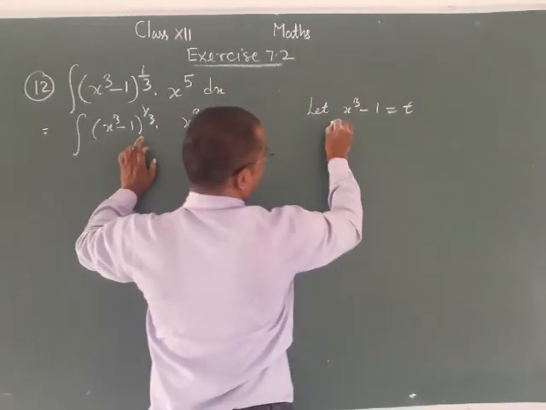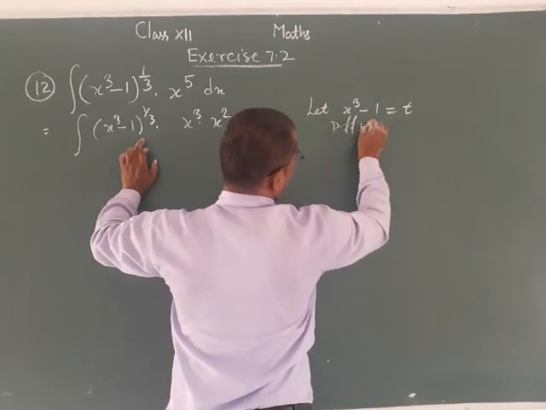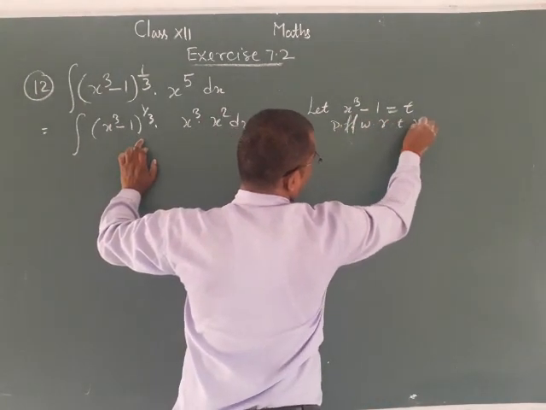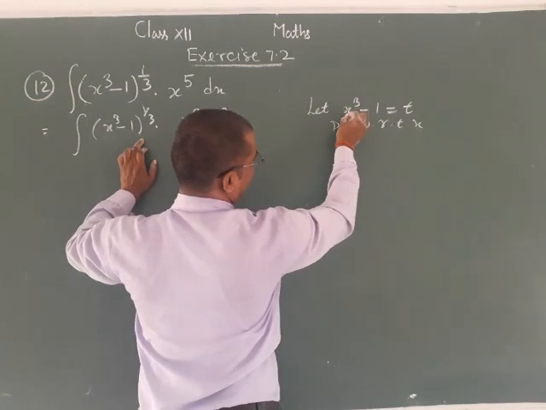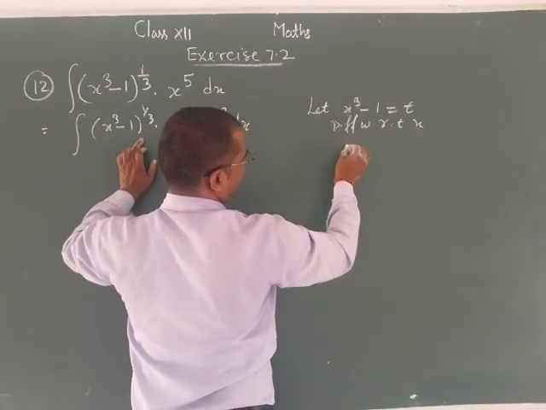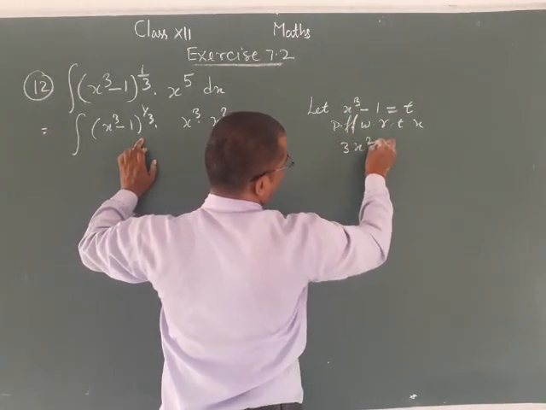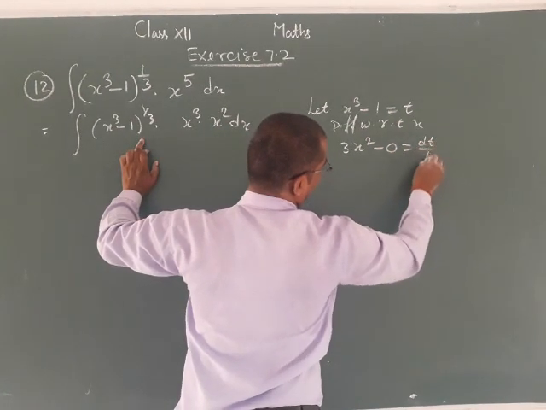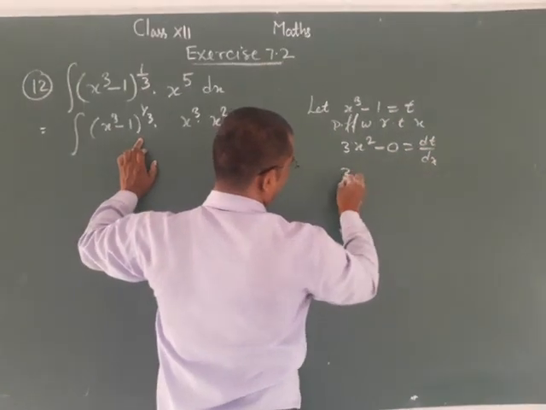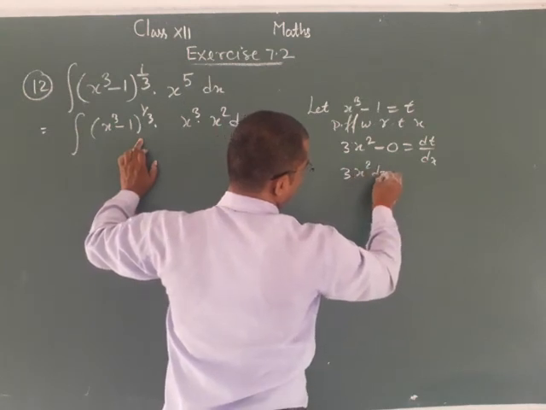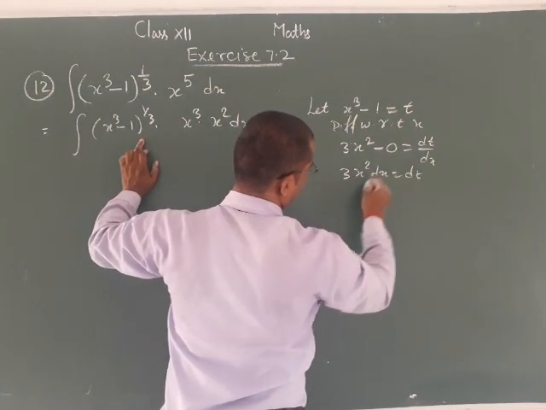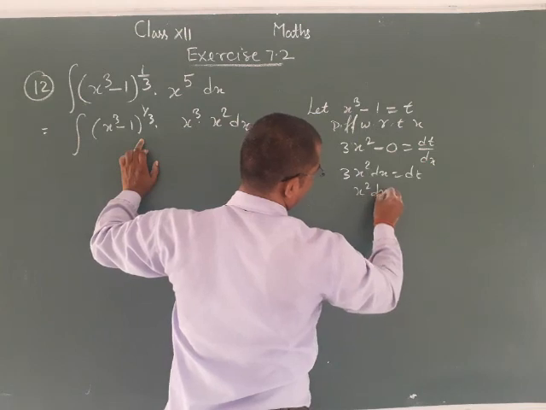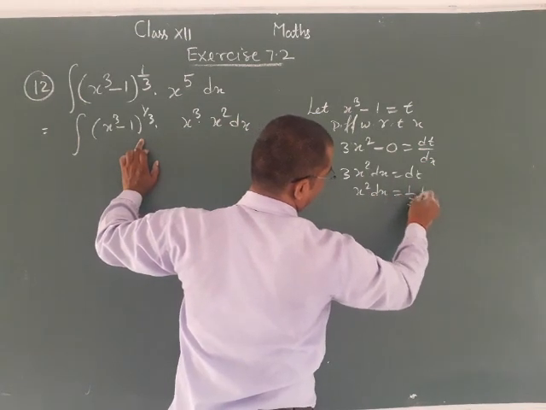So differentiating with respect to x, we get x^3 derivative 3x^2 and constant 0 is equal to dt upon dx. So 3x^2 dx is equal to dt, or x^2 dx is equal to 1/3 dt.